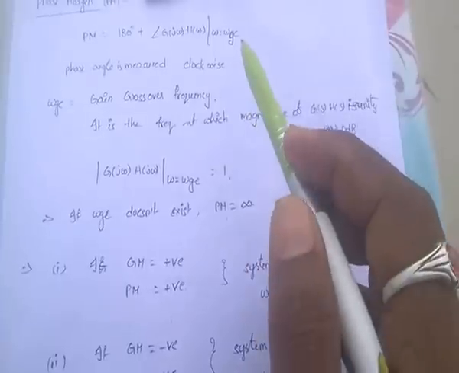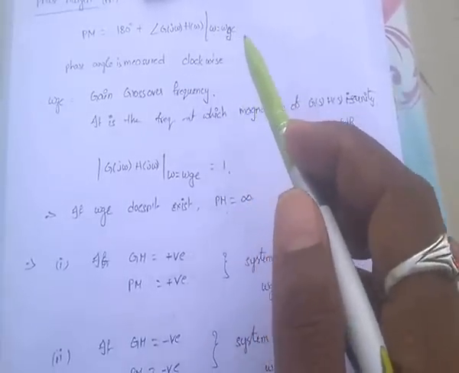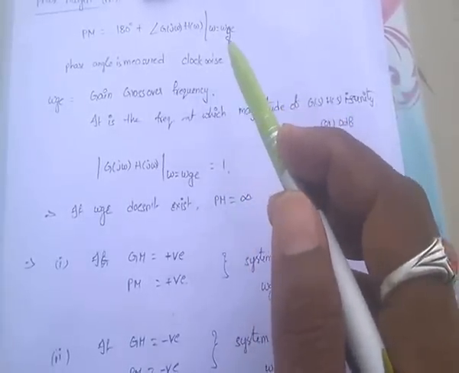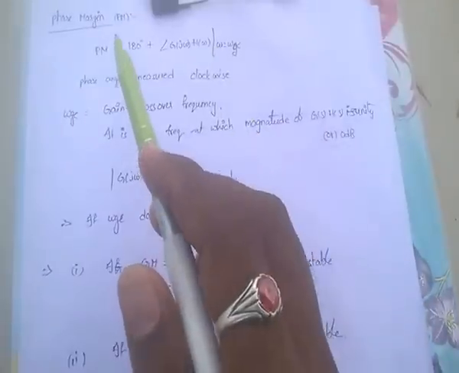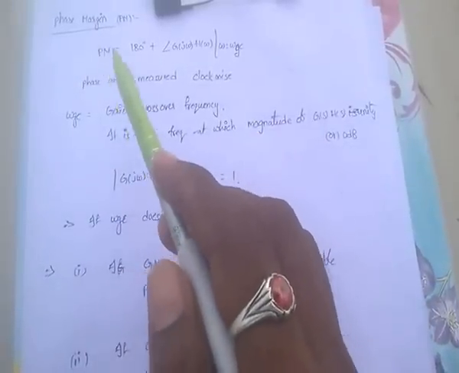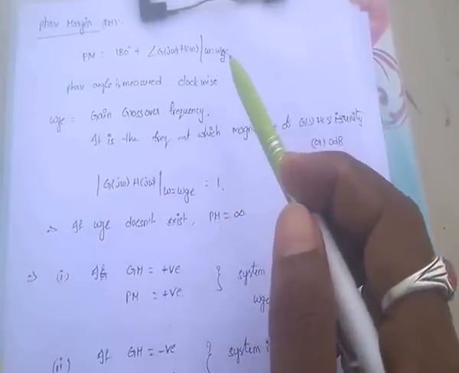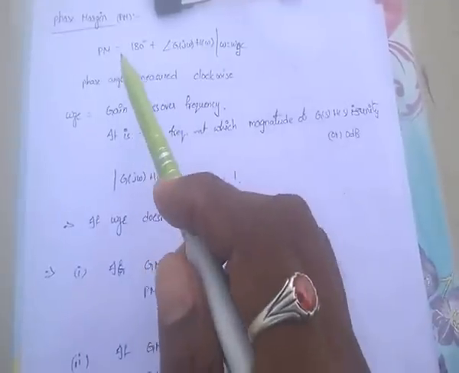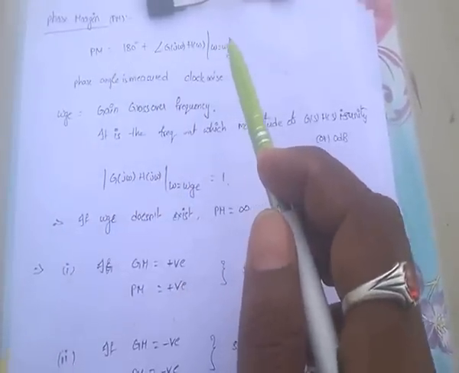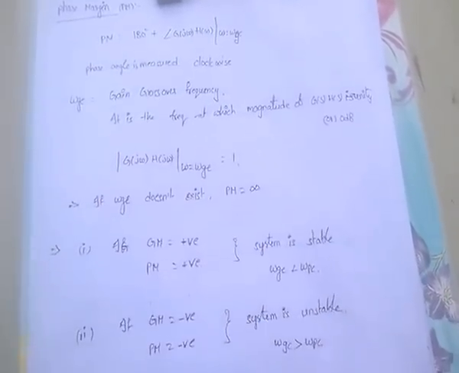Here also, if omega gc does not exist, phase margin also does not exist. If omega gc equals 0, phase margin is also 0. If omega gc equals infinity, phase margin is also infinity.